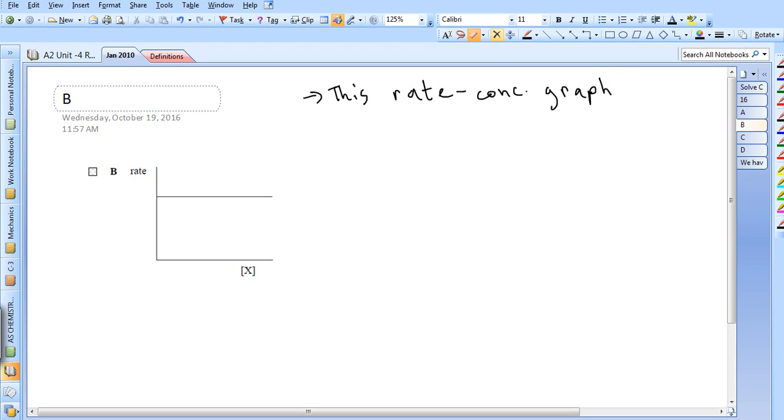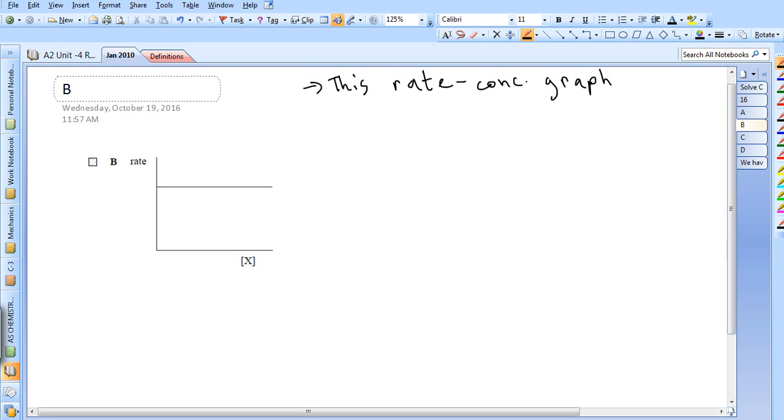This is just nothing, I have just miswritten it. So this is a rate concentration graph.